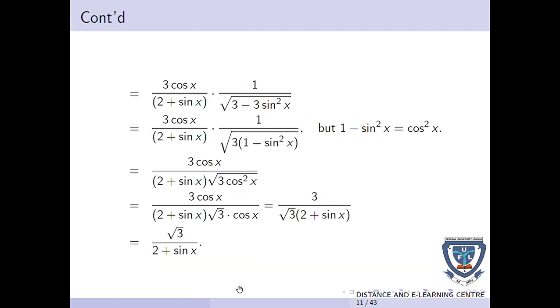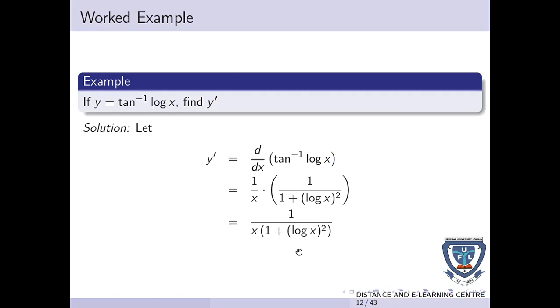And when you continue the simplification all over again, knowing that 1 minus sine squared will give us cos squared, you substitute back, and at the end we are going to have that the derivative of that question will give us square root of x all over 2 plus sine x.